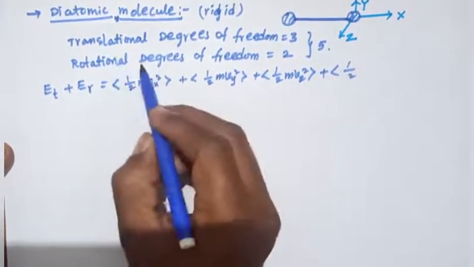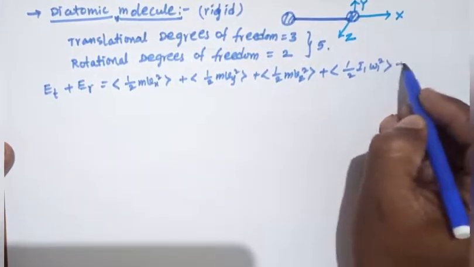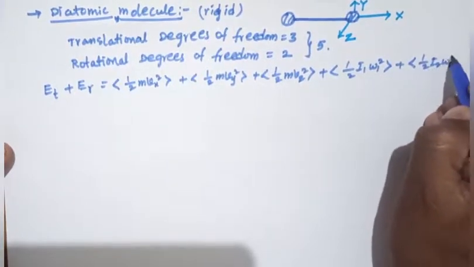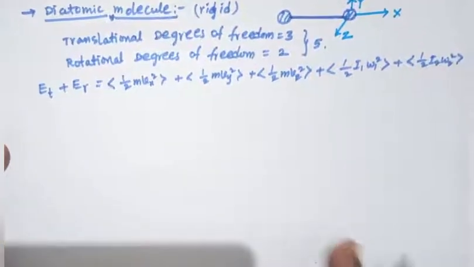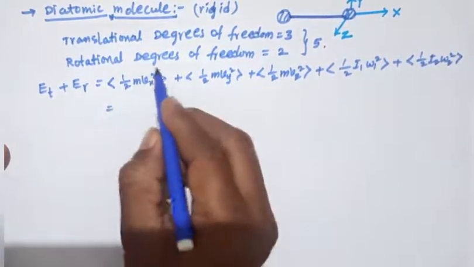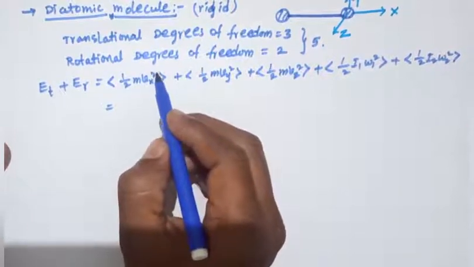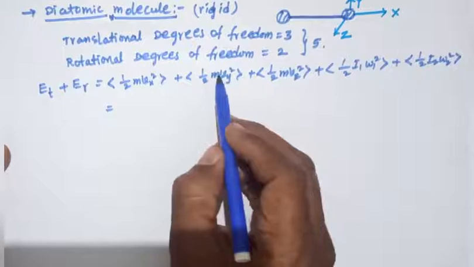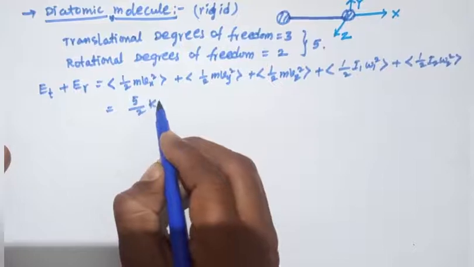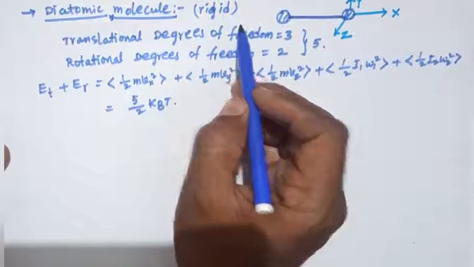This is the rotational motion. Each one contributes half kBT, so 1, 2, 3, 4, 5, giving 5 by 2 kBT. This is for the diatomic molecule as a rigid rotor.